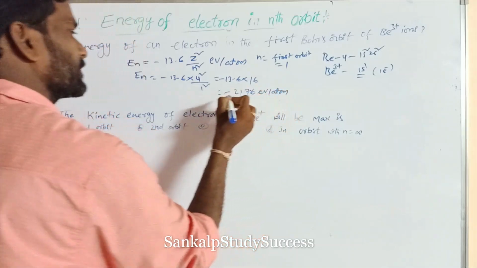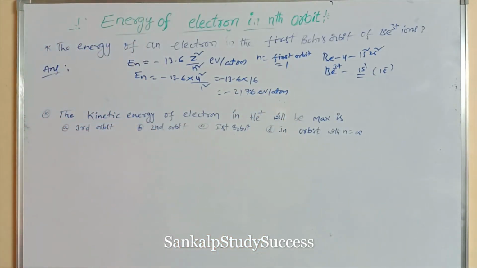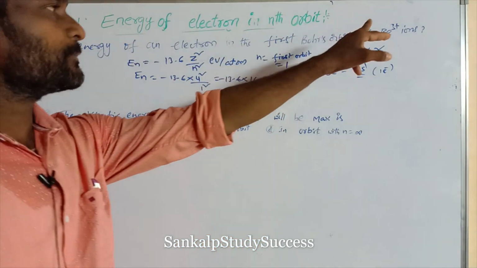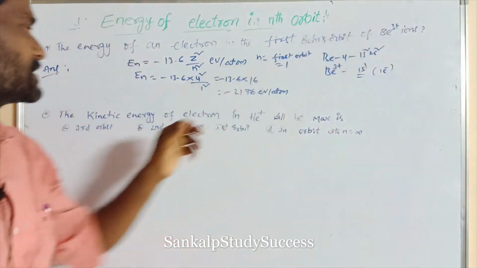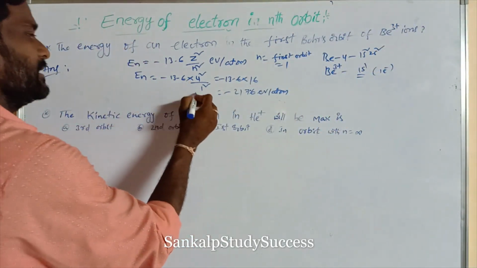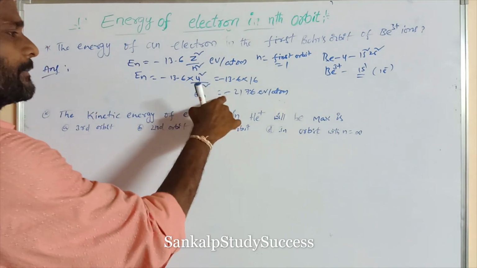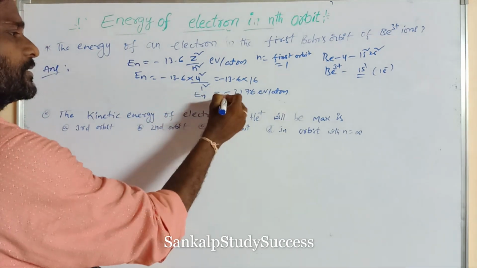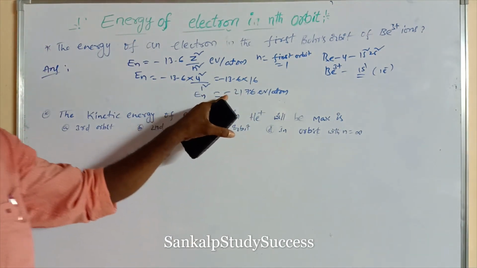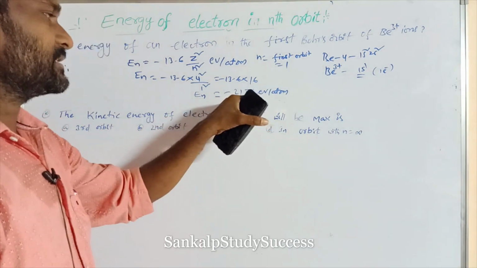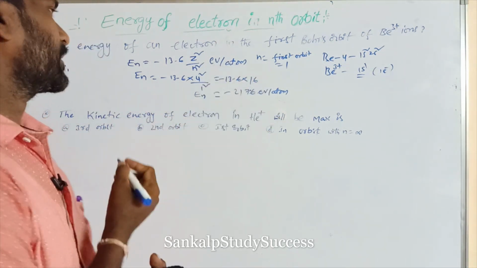So this is the answer. The energy of an electron in the first Bohr's orbit of Be3 plus is En, and En is equal to minus 217.6 electron volt per atom.